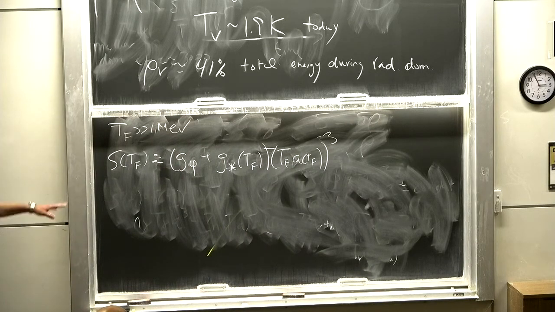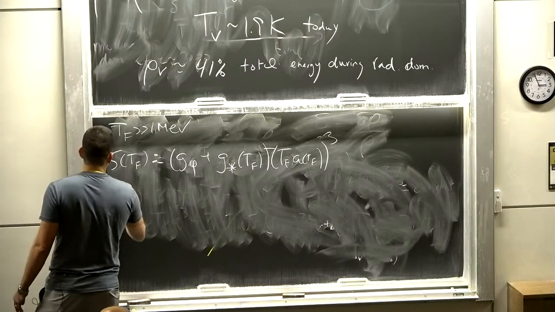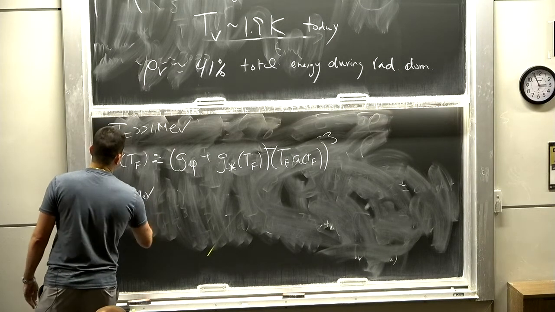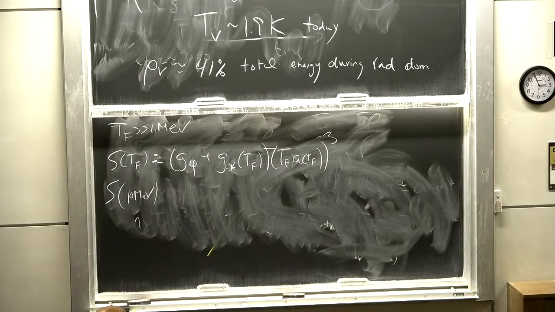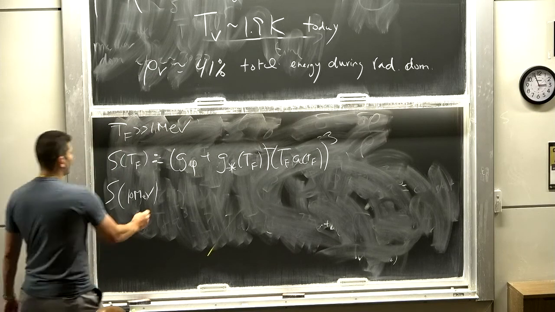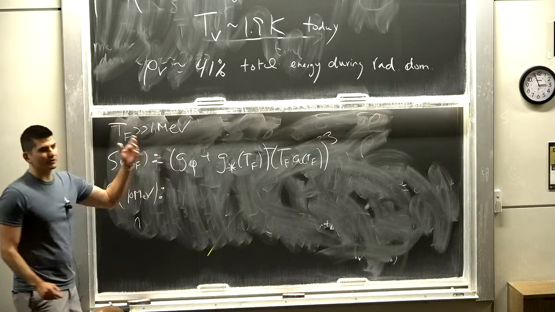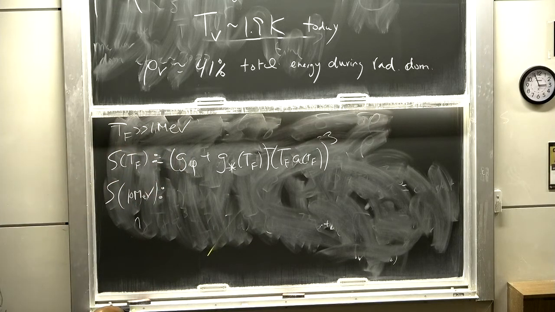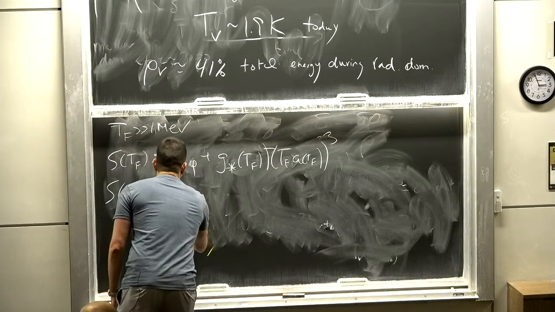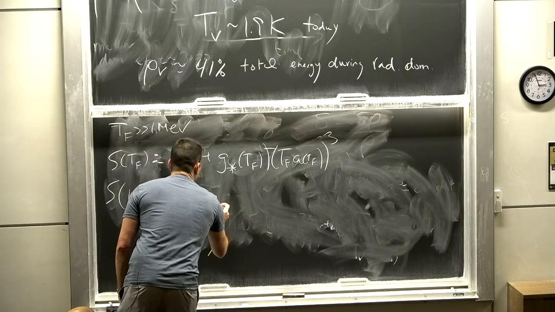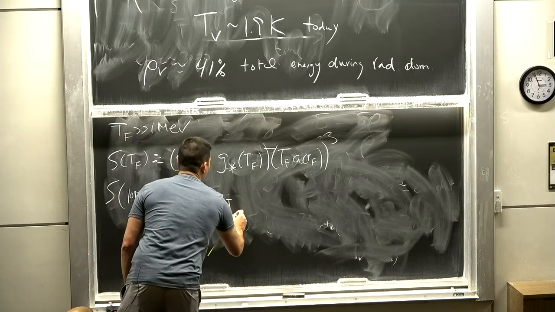And we're going to equate this to, let's say, the entropy of the universe at 1 MeV, or let's say 10 MeV, before neutrinos decouple. So this thing decouples, it goes through the same story, its temperature redshifts like 1 over a, so the entropy in this sector doesn't change, it's just the same as it always was.